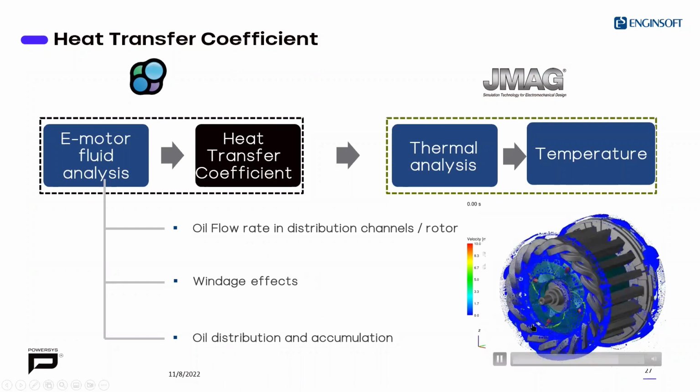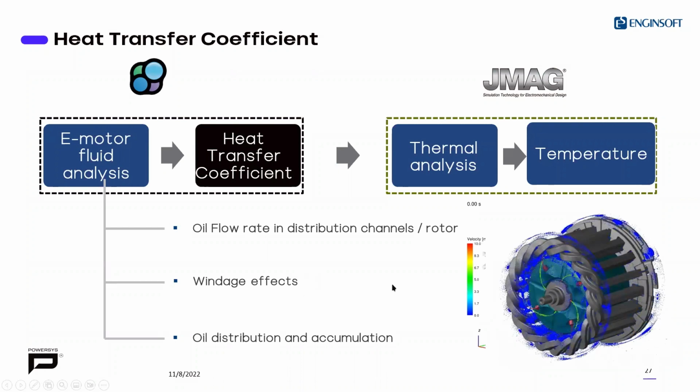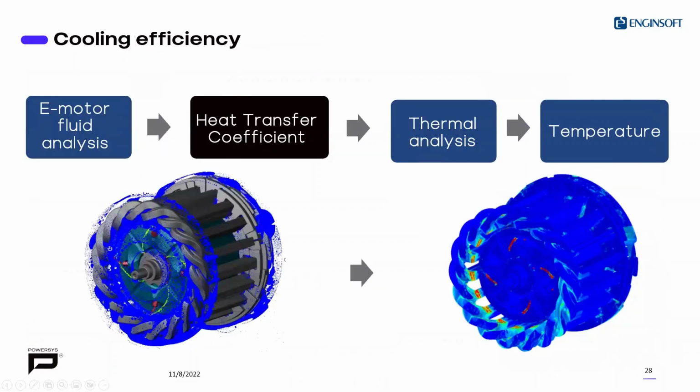And we can also confirm the accumulation of the oil around the end winding. As you can see here, from the oil distribution and accumulation, we can extract the HTC that we can import into the thermal analysis to calculate the temperature.